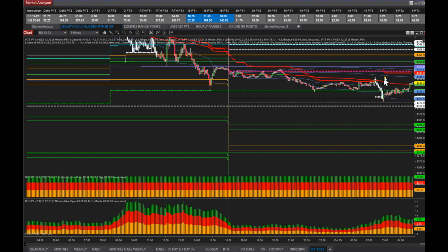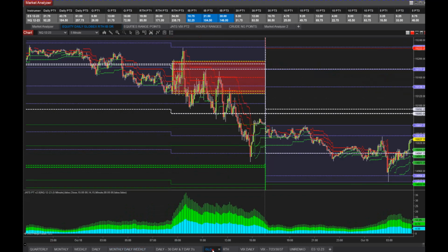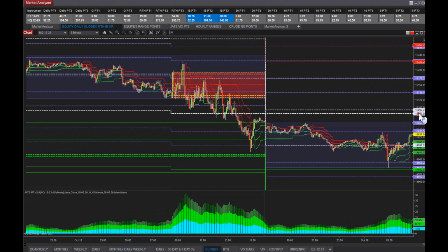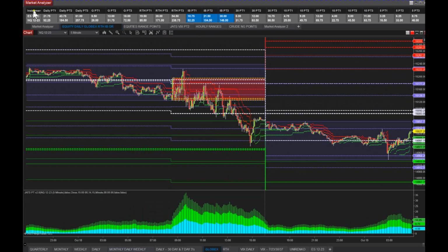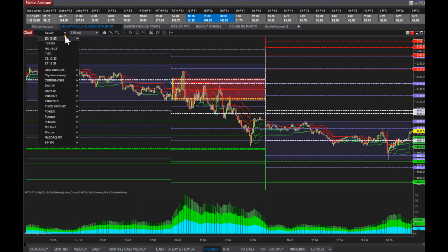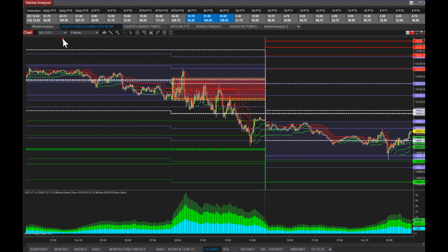We're inside the range, so we have a Globex period of 18. We can measure that. Let's take a look at the Globex chart and see where we are as far as a range. This is NQ. Let me change this to ES since we're looking at the ES.